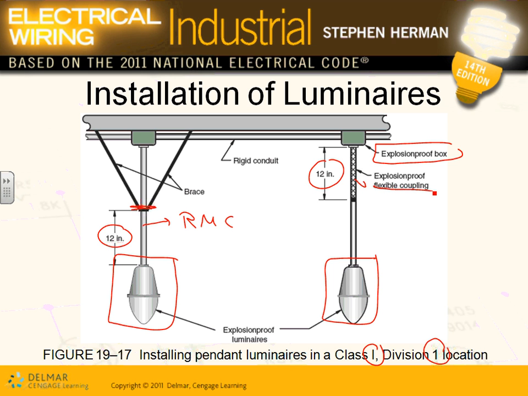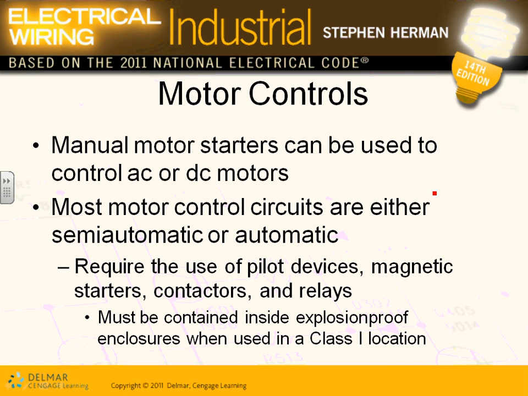Then you can use some type of explosion proof cable to tie this piece of equipment instead of rigid metal conduit. So this detail is a big deal, guys, if you're wiring in a Class 1 Div 1 location. For the most part, also in a Class 1 Div 2 location with flexible couplings, with a little limitation.